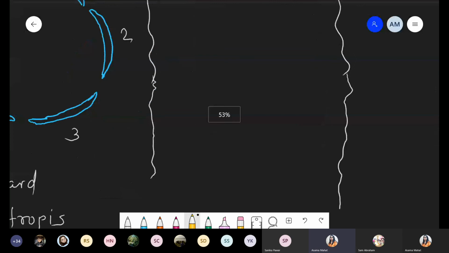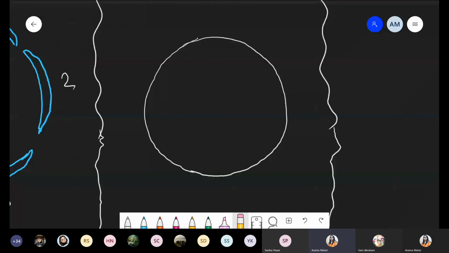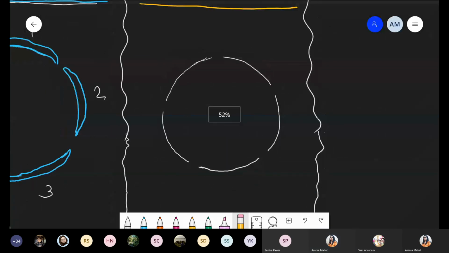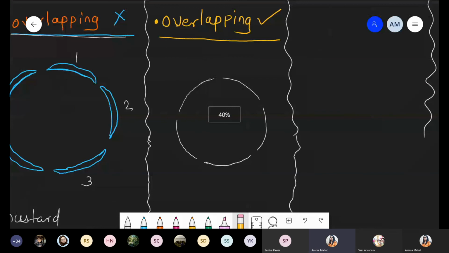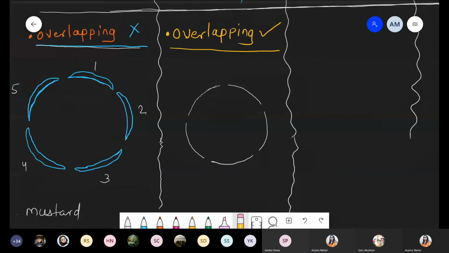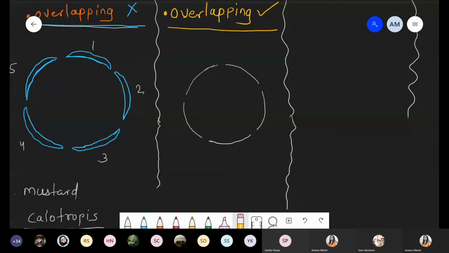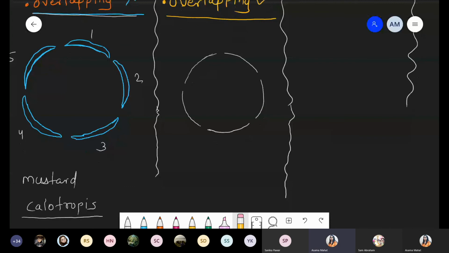First of all, we draw the outline. Now we have to draw 5 sections. 1, 2, 3, yes, 4. These are the 5. Done. Okay. So we are talking about overlapping being present.